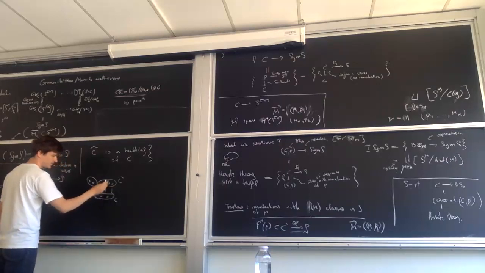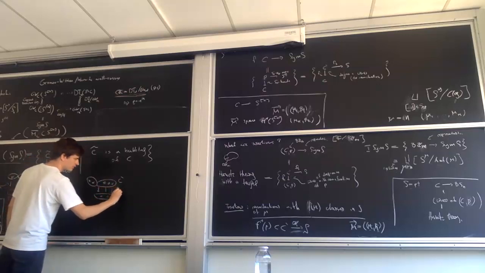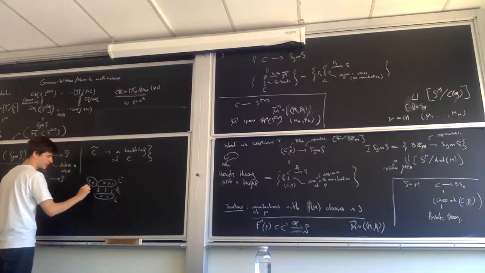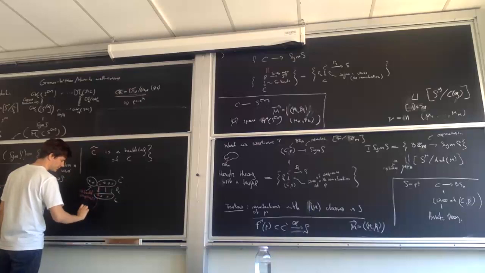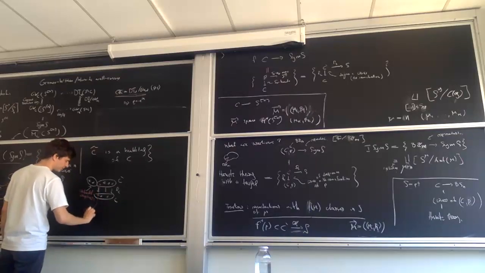You allow your map from C prime to C to have contracted components, and you also allow it to have some ramification outside of a marked point.